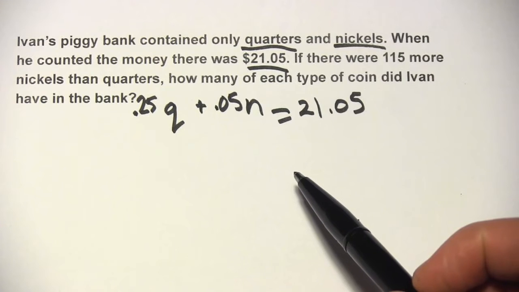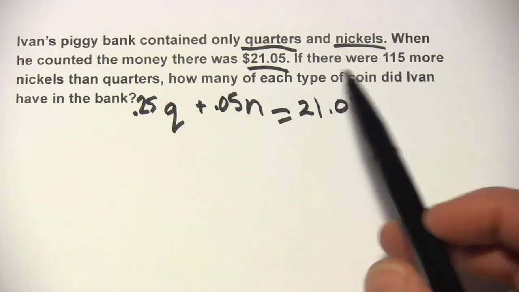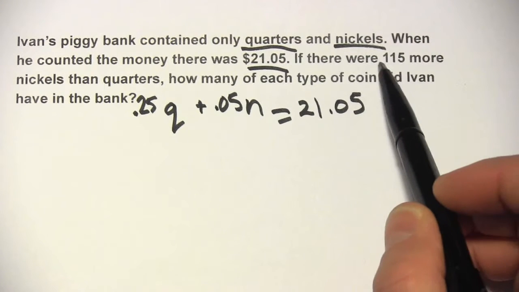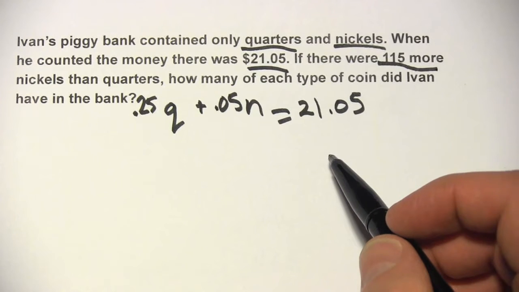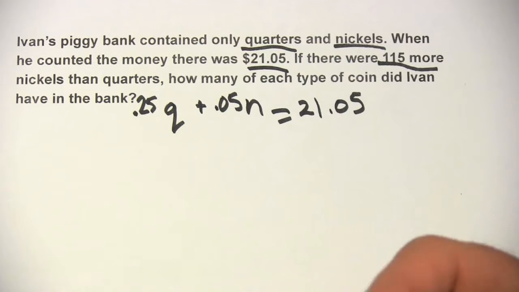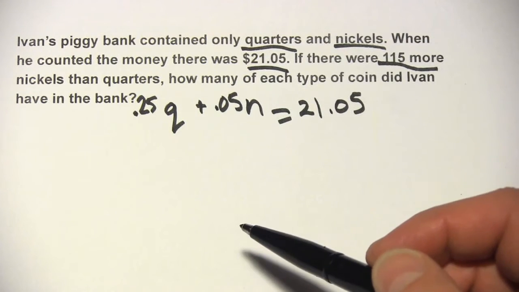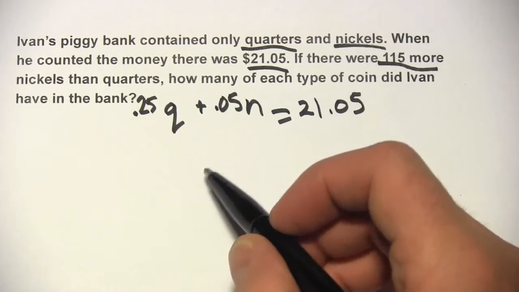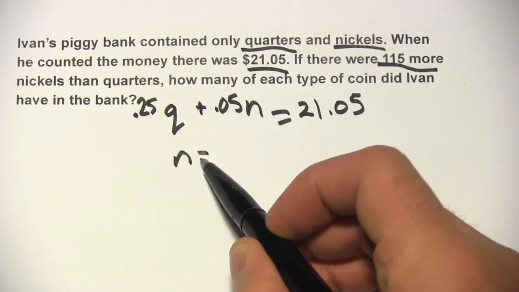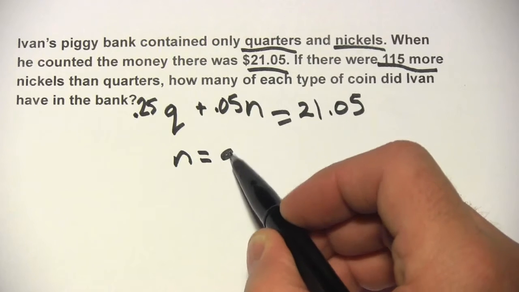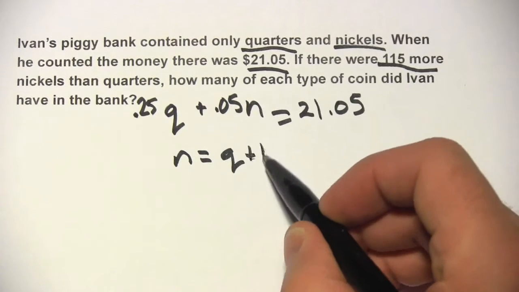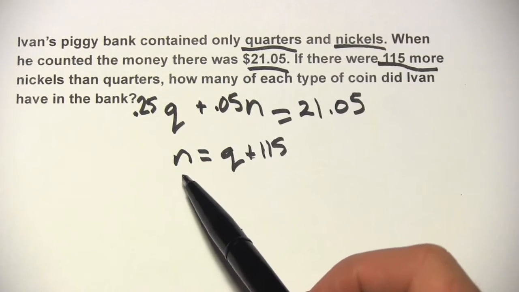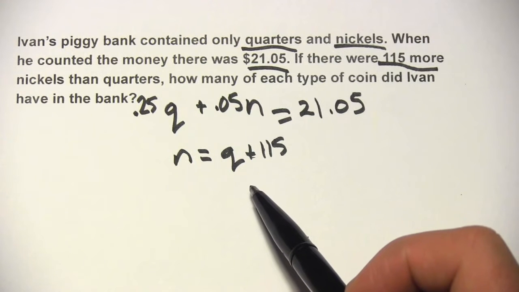We've got one equation. The other equation we can make here comes from this fact that there are 115 more nickels than quarters. The way to translate that into algebra is that the number of nickels is the number of quarters plus 115. So that's 115 more nickels than there are quarters.